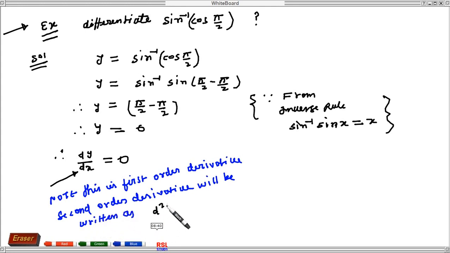Just see how the second order derivative is written like this. And if you want to write the third order derivative, then put 3 in place of 2, so d cube y by dx cube. And if you want to write the fourth order derivative, then write 4 in place of this 2, and so on. So in this way you can write.